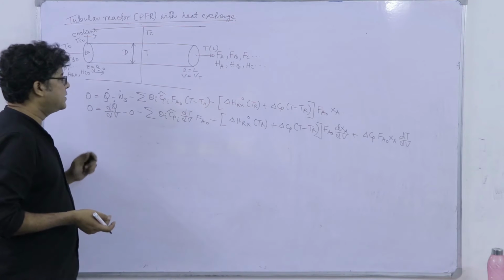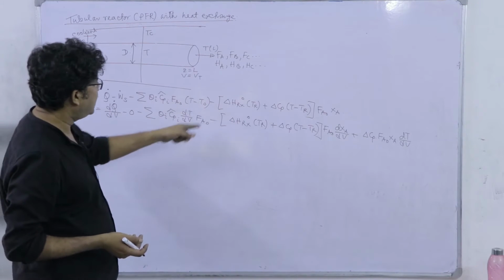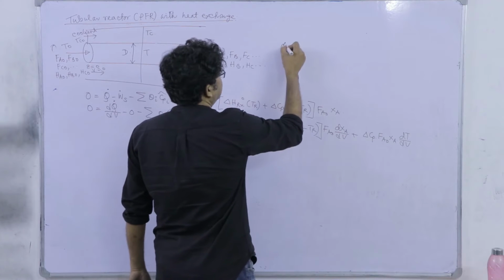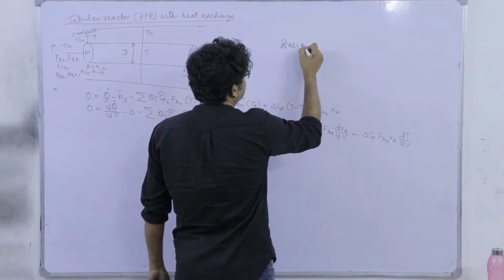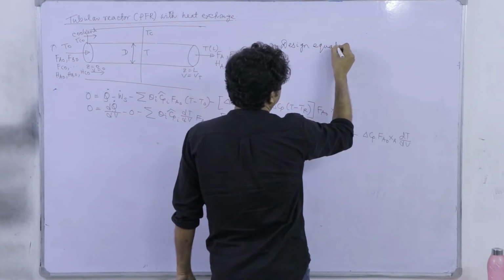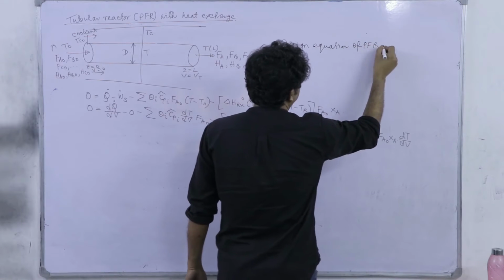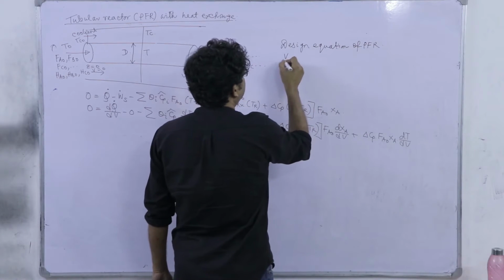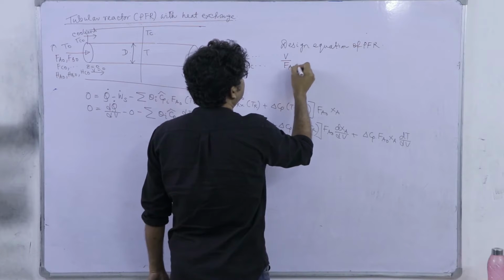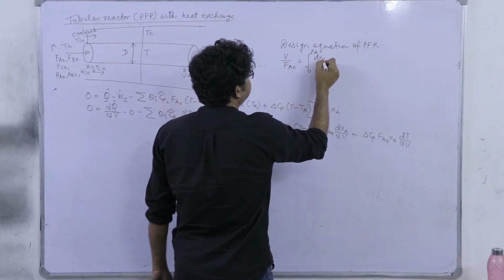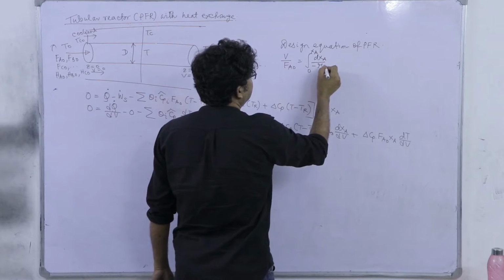What is important to note is that we have to get a dT dV term, but there is a dXa dV. Now, the design equation of PFR is what? V by Fa naught equals integral 0 to Xa of dXa by minus Ra.